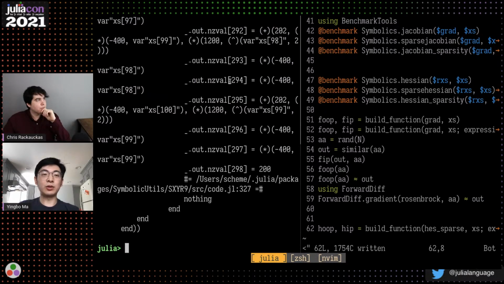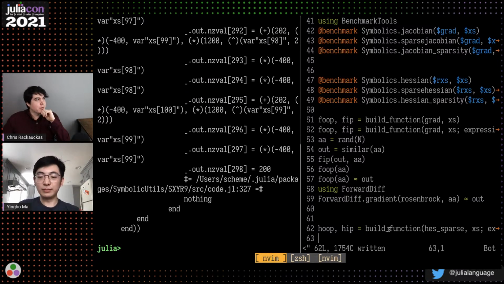Indexing into a sparse matrix by the Cartesian index, in the form of ij, is actually much slower than directly indexing into the non-zero entries. So by default, we build functions that assume the sparsity pattern and then only fill the non-zero entries instead of doing the slow Cartesian index.